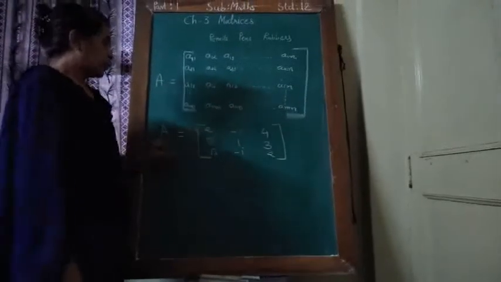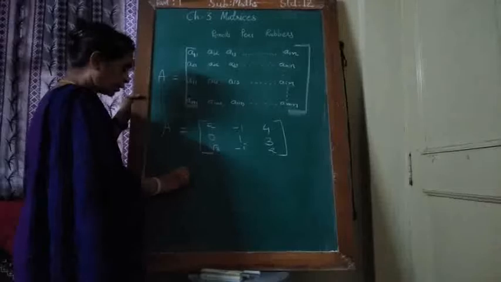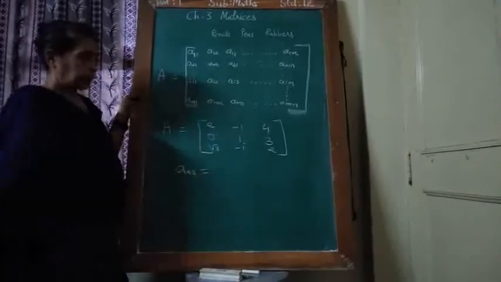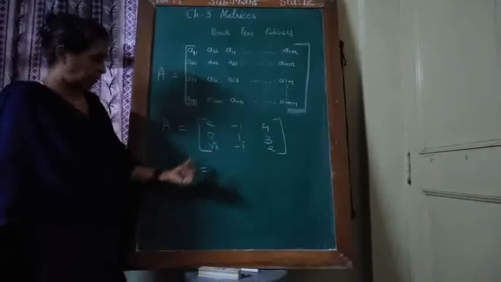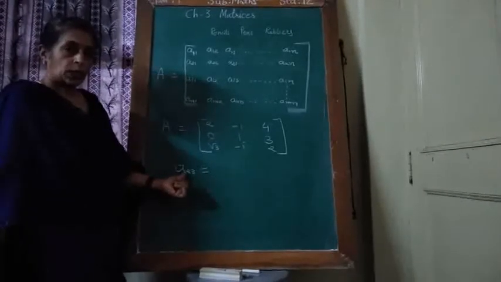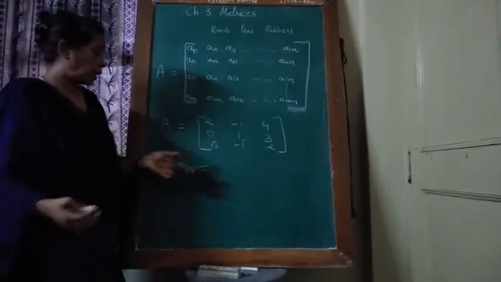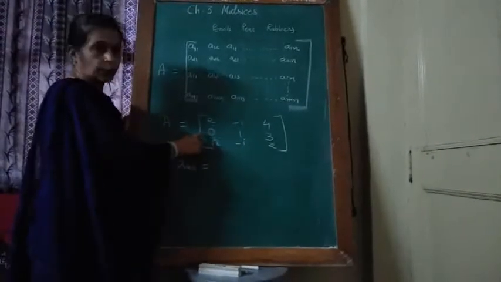Now here, suppose I say that A23 element is what? Find A23 from this representation. So how to select A23? You have to see here, the first number is 2, that is the second row.